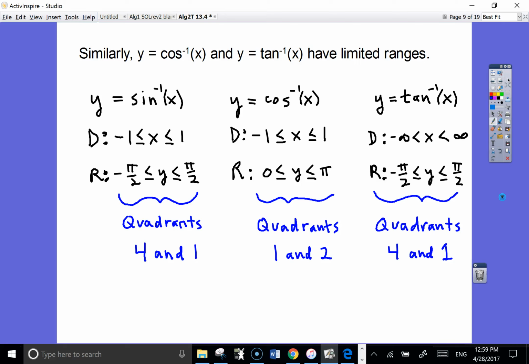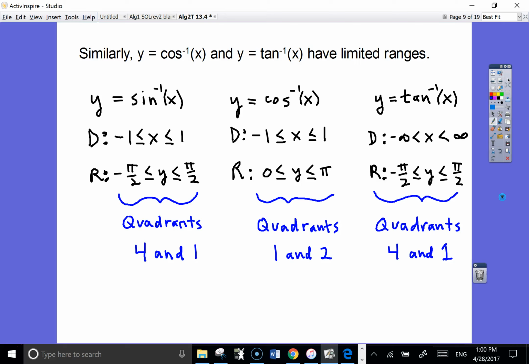So let's notice, the domain of the sine inverse and the cosine inverse is -1 to 1. The range is where we go to the quadrants. The domain of the tangent inverse is actually all real numbers. If you remember the graph of the tangent, there were these branches that looked like this. Each one of those had all real numbers.